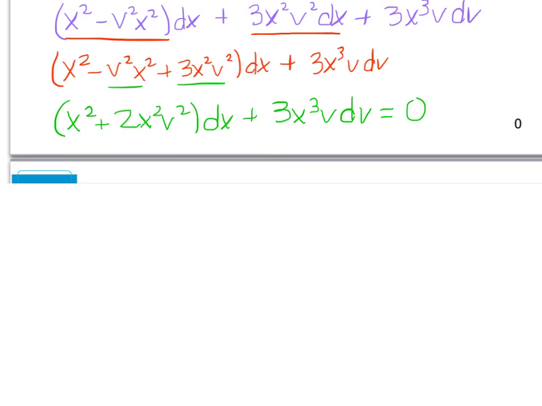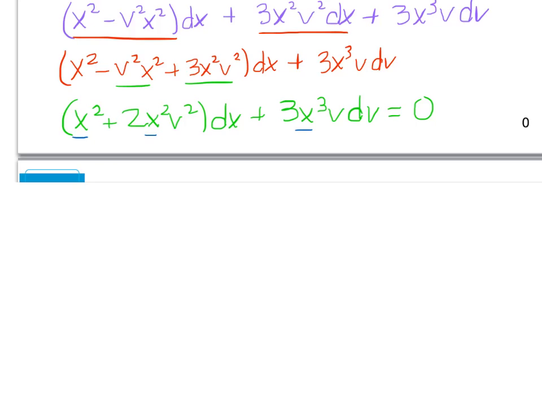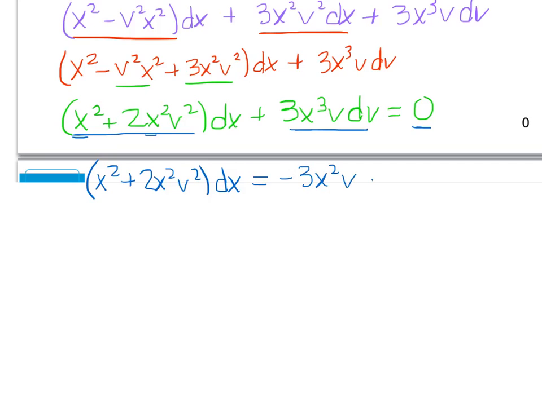Now the next thing I notice is I have dx terms here and dv terms here, and it's being set equal to 0. So what that means is I can get all of my dx terms on one side and all my dv terms on the other. So I'm going to have x squared plus 2x squared v squared, and these are our dx terms, and I'm going to set that equal to a negative 3x squared v.